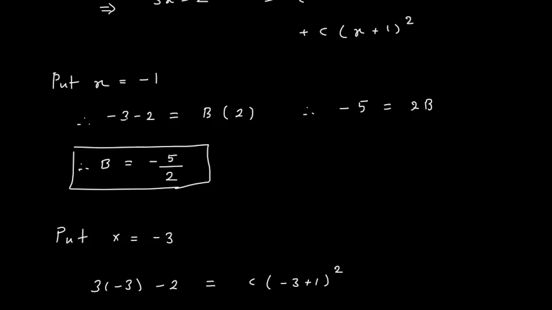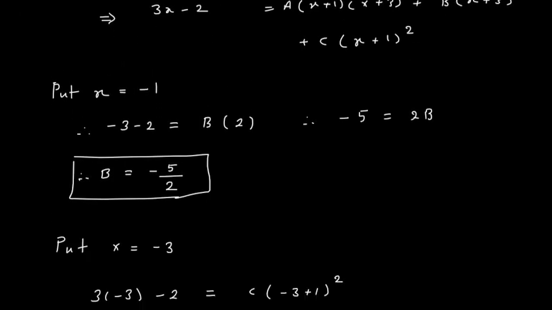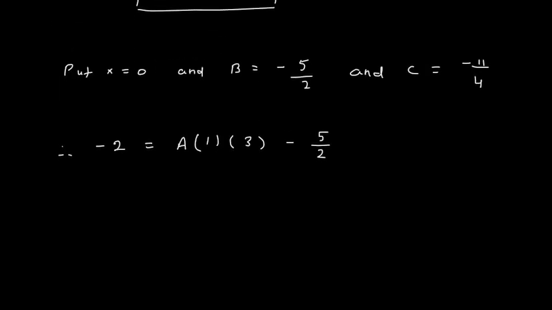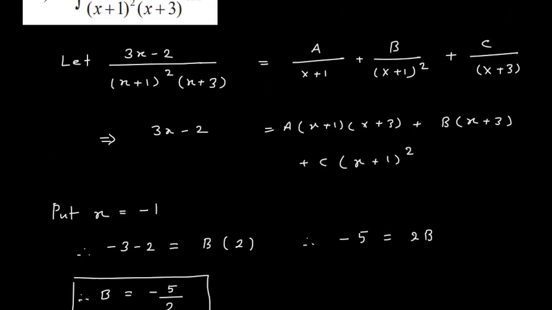Let us check the calculation again. It is minus 5, okay, and here it is 2, fine. So along with b it is x plus 3, so it is 3 into 3, plus c. So plus c is, again, minus 11 divided by 4 into, now with c I have x plus 1 the whole square.